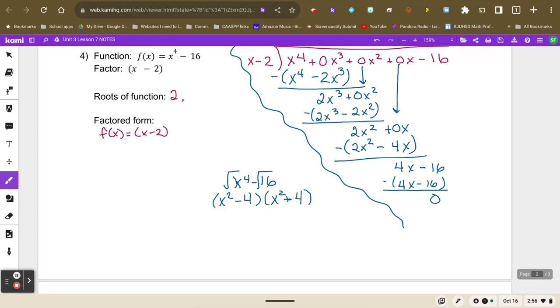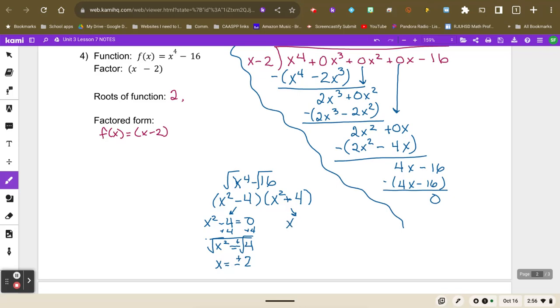And here we can break those up to be x squared minus 4 equals 0. Add the 4. We get x squared equals 4, and we get x equals plus or minus 2.